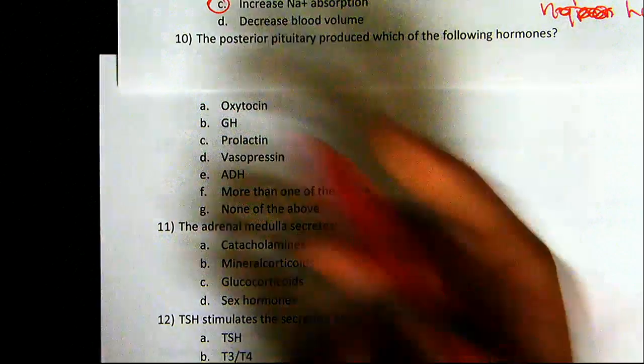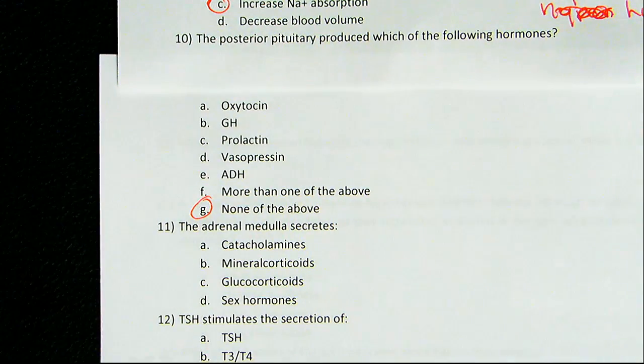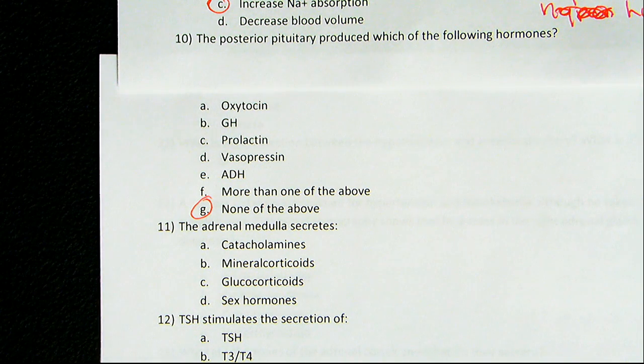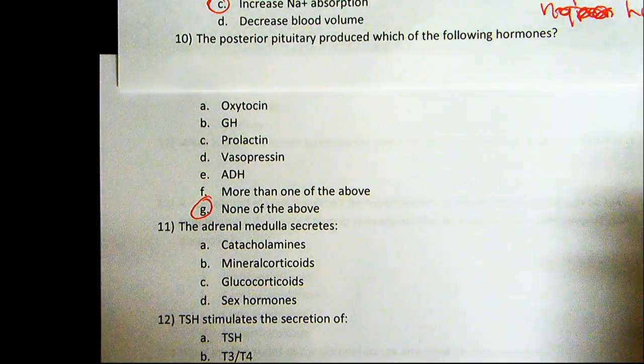Yes, none of the above. Remember that no hormones are actually produced or synthesized inside the posterior pituitary gland. They're stored there. They're produced from the supraoptic and paraventricular nuclei of the hypothalamus that are connected to the posterior pituitary gland. Those produce oxytocin and ADH, which are then stored in the posterior pituitary gland. But with the anterior pituitary gland, we have 6 hormones that are produced.